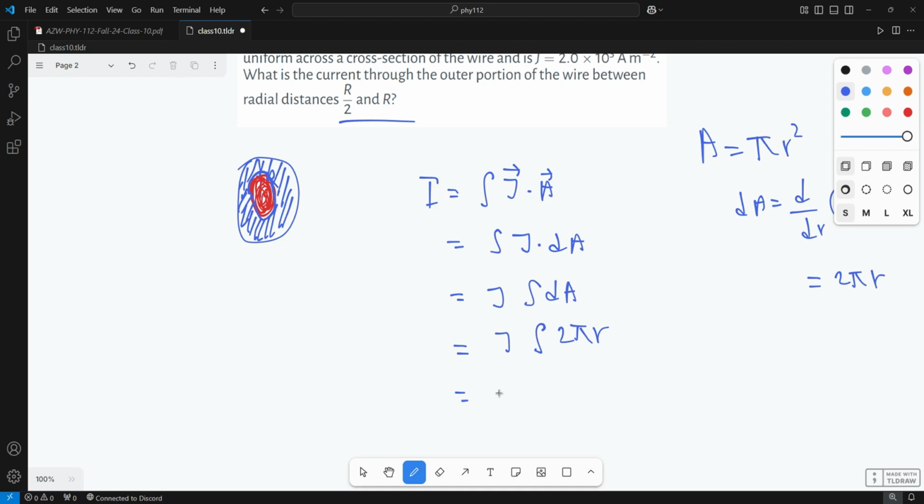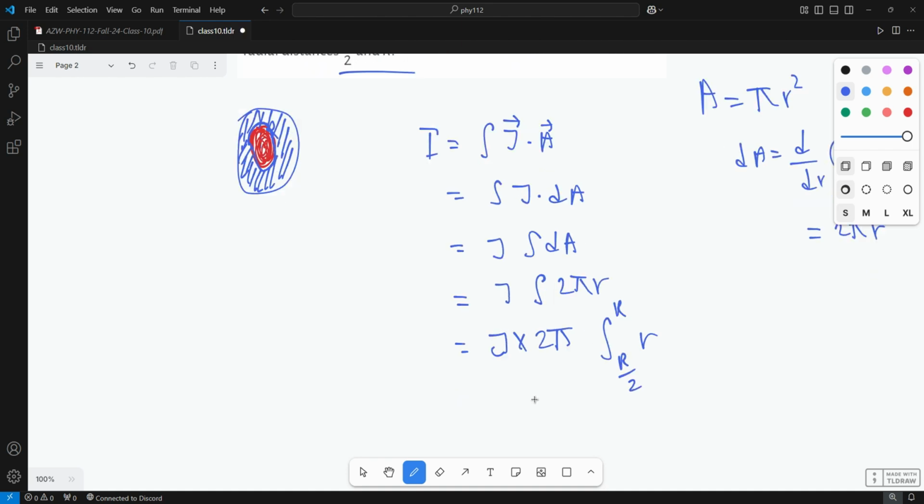So we can write j times 2 pi integration of r. Integration of r will give us 1 by 2 r squared. We can just cancel this out. We can write it as j times pi times r squared.